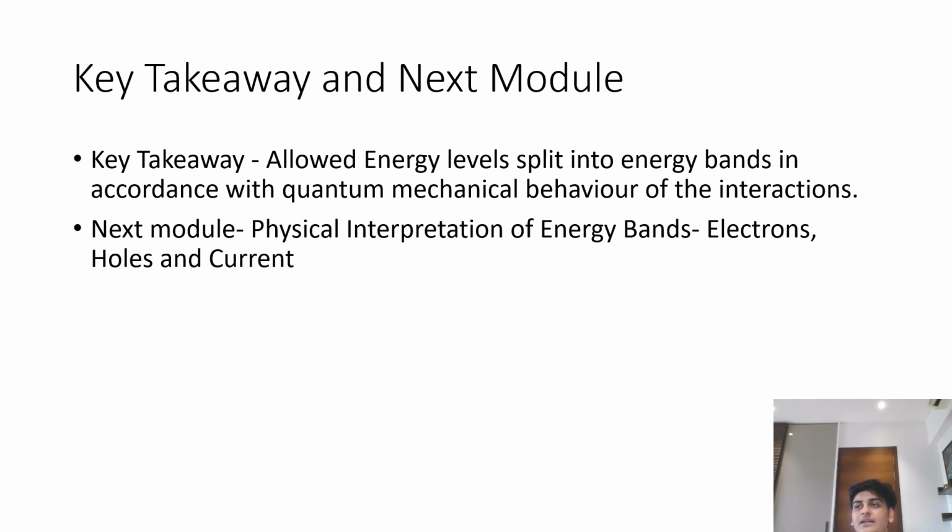Remember I told you that when you have all these atoms and electrons very close to each other, they affect the potential energy, which then affects the solutions of Schrodinger's equation, which means that in accordance with the quantum mechanical behavior of the interactions, these allowed energy levels split into bands. That's the takeaway that I want you to have.